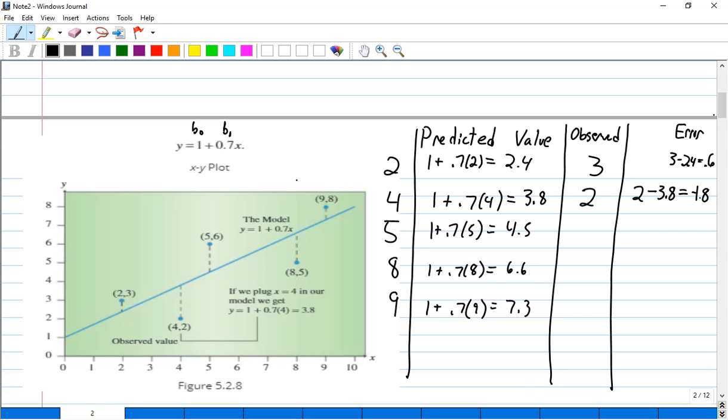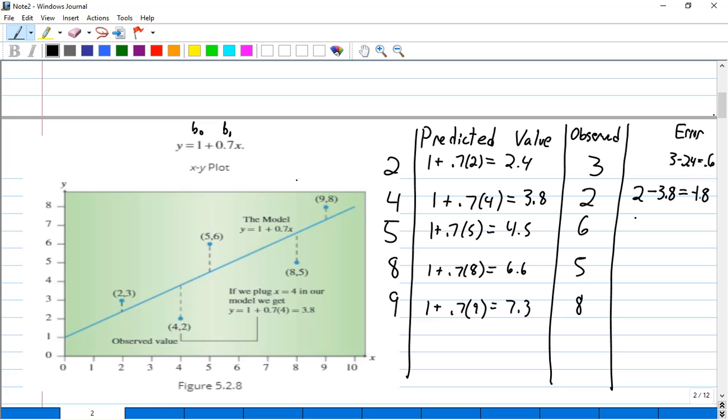The observed value is the actual value you get from the table or from the scatter plot. So when x equals 5, y equals 6. When x equals 8, y equals 5. When x equals 9, y equals 8. And the way that we find the error is we always say the observed minus the predicted.